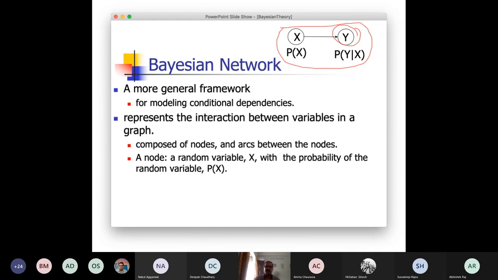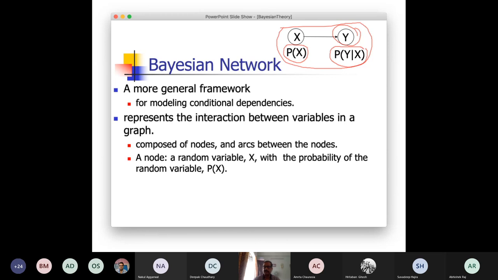What is important here is that in this node we associate an information called probability of x. This means the probability of occurrence of this random variable, or if it's a variable, then its probability distribution is associated. On the other hand, for y, we provide the information in terms of conditional probability, probability of y given x.